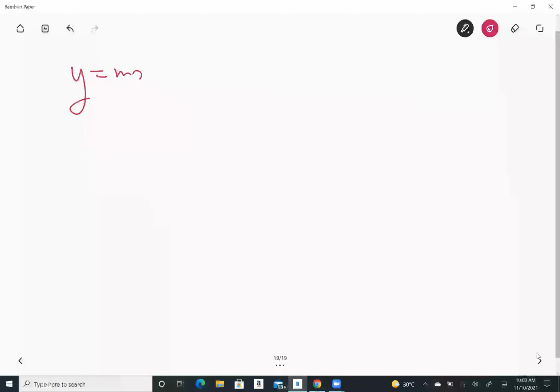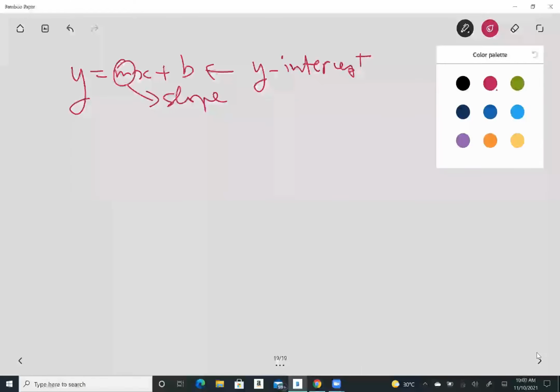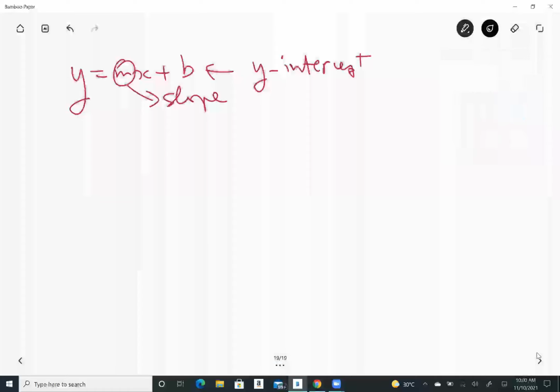That is the slope-intercept form. And this is the y-intercept, and m is what we call the slope. The y-intercept, we already started talking about it, so what we will do today is go a little bit more into detail.